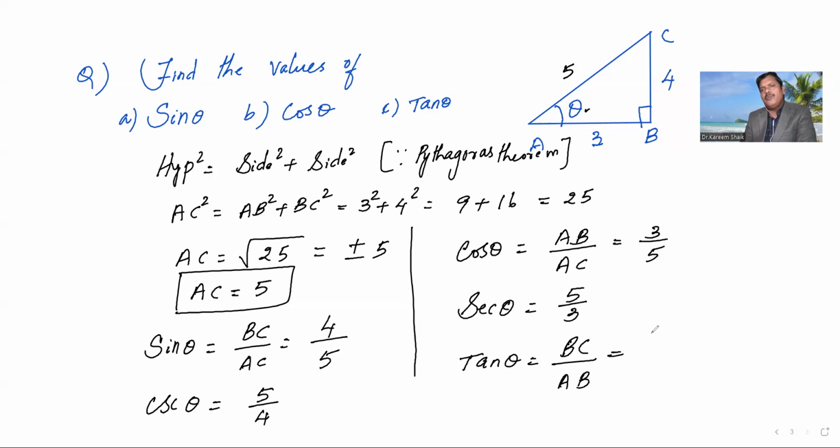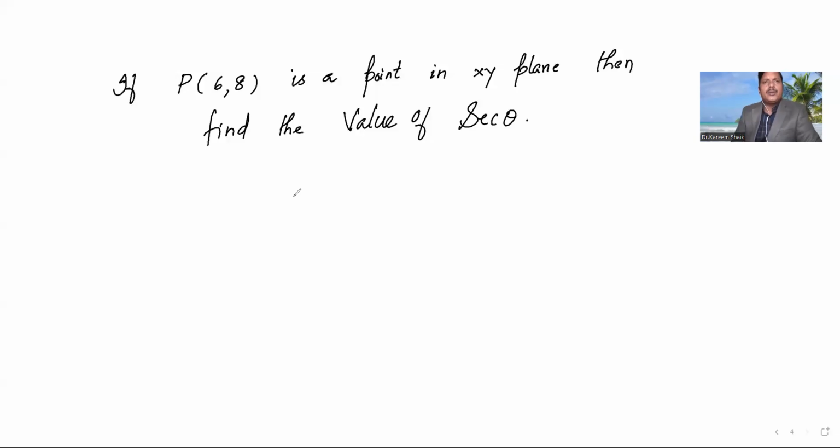BC value is 4, AB value is 3. If you wish to find cotangent, cot theta, just switch the fraction of tan theta, that means 3 upon 4. This is the way we find the trigonometric ratios by using a right angled triangle. I hope it's clear. Let's see the next question.